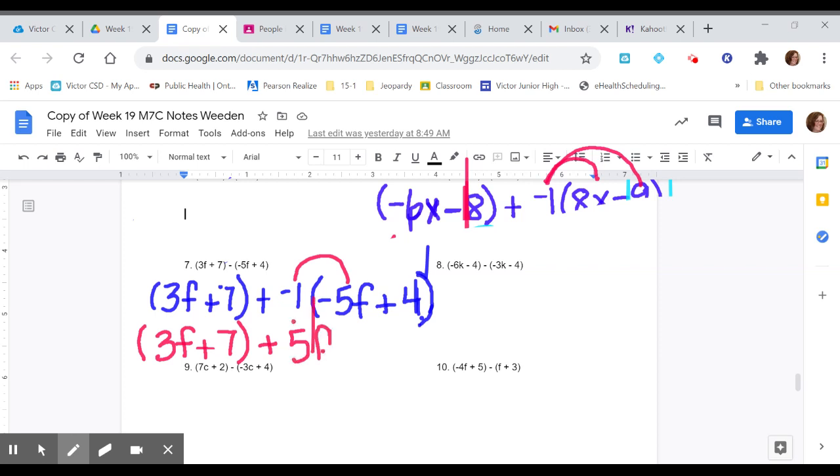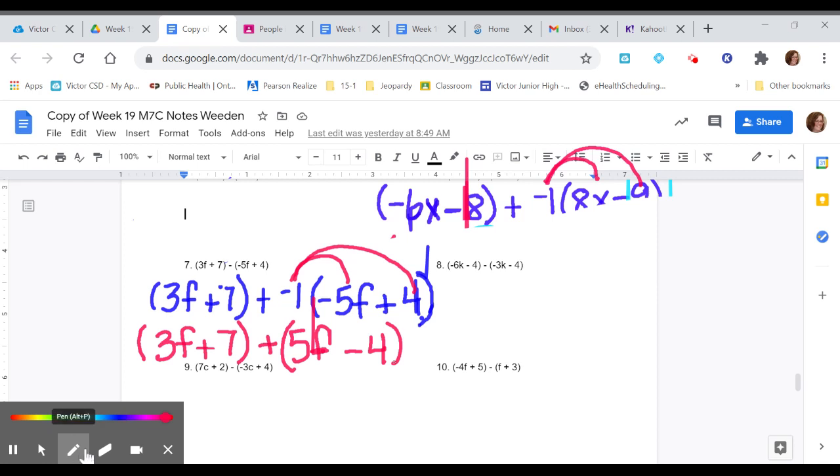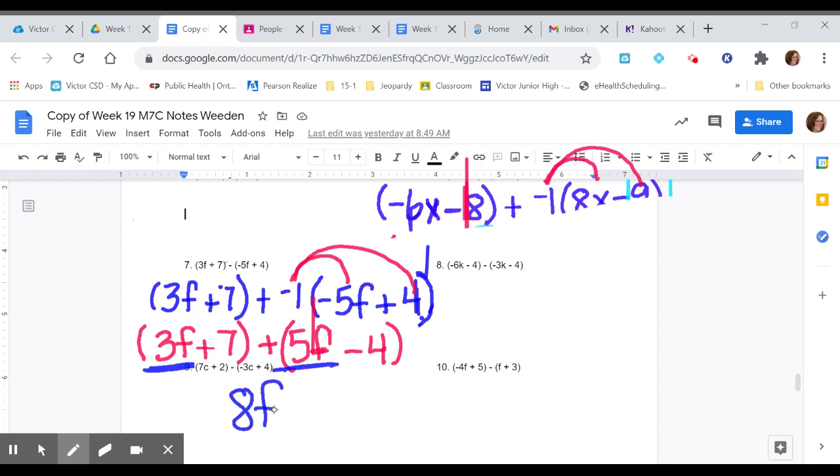Now that it's addition, the parentheses really are optional. -1 times a +4 is a -4. Then 3f combined with 5f, they're both positive, so it's 8f. And then a +7 and a -4 gives us +3. Notice I'm using the sign of that 3 as my operation sign.